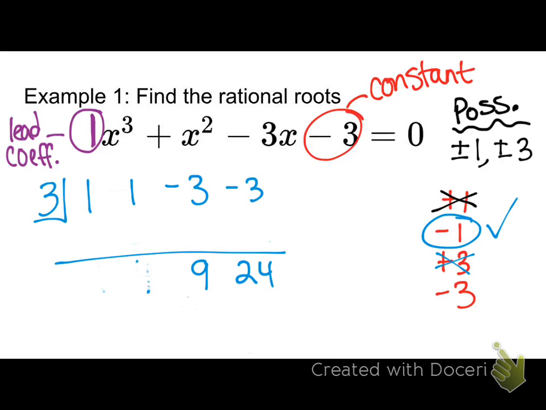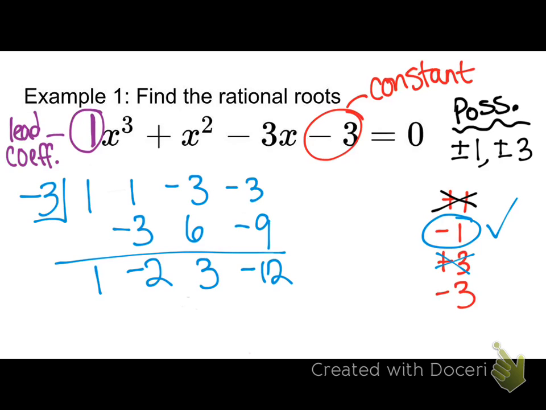So now let's check our last one. Negative 3. Drop the 1, multiply, add, multiply, add. Okay, it didn't work because our remainder isn't 0.